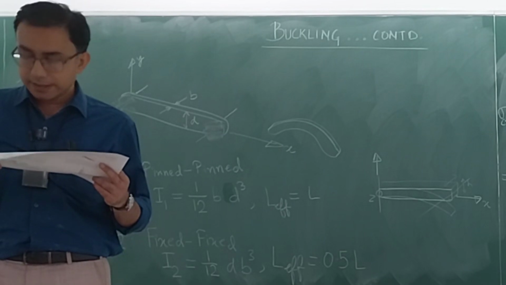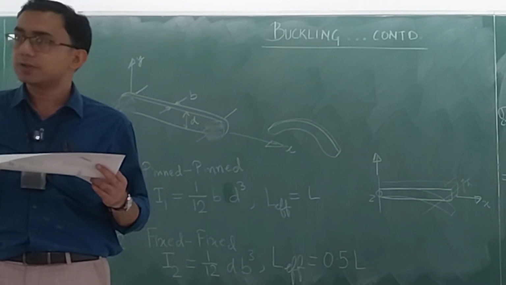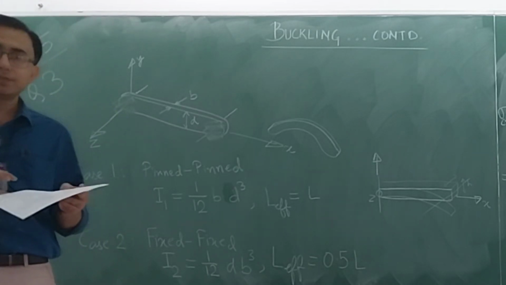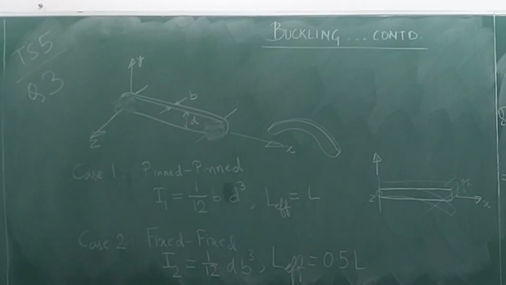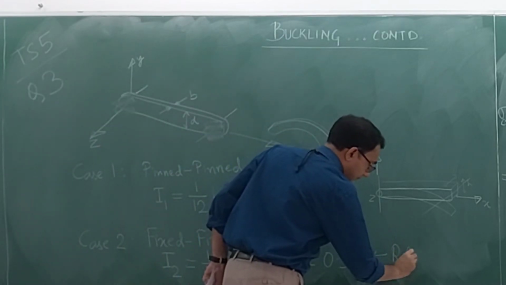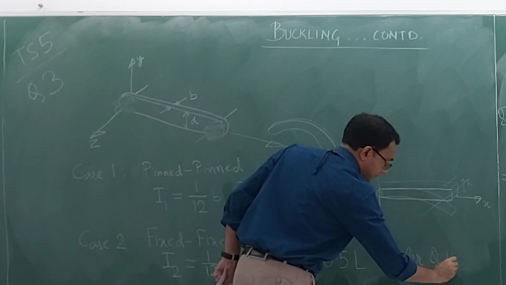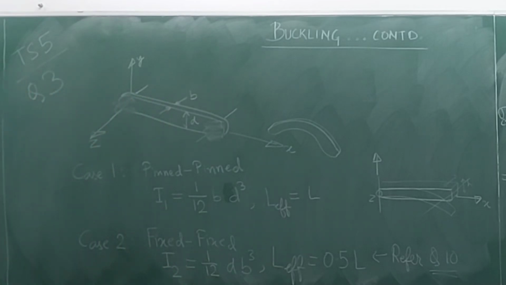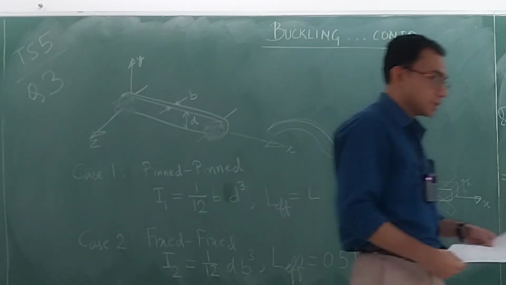It is pi square EI divided by 0.5 L whole square. So the L effective is indeed 0.5 L. So here I am writing this as refer question 10. Okay, we have this much information.